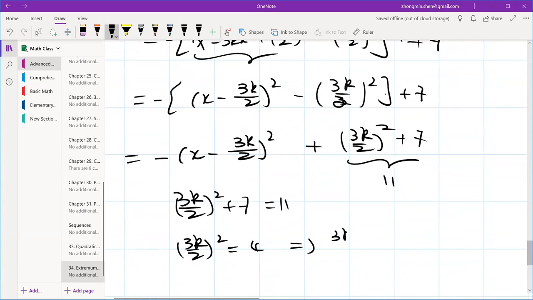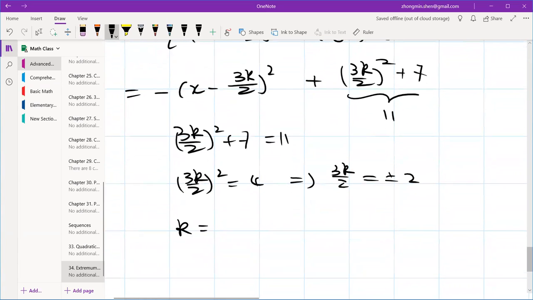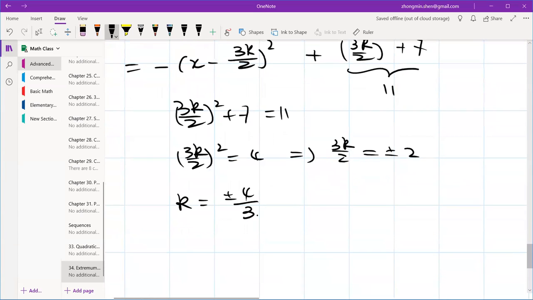And then 3k over 2 should be plus or minus 2. There'll be 2 solutions here, okay? So you solve it. 3k over 2 equals plus minus 2. So this is the quadratic. It's called an inverse problem.